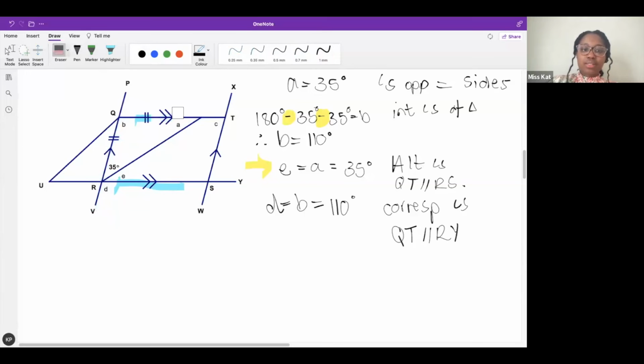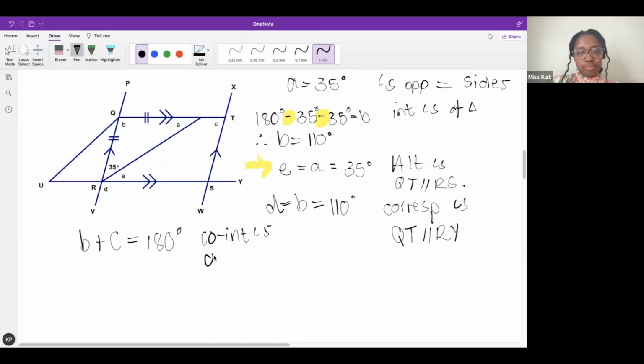A is not at this corner. It's in the middle of the line. Oh, okay. So we say B plus C equals 180, coincident angles.